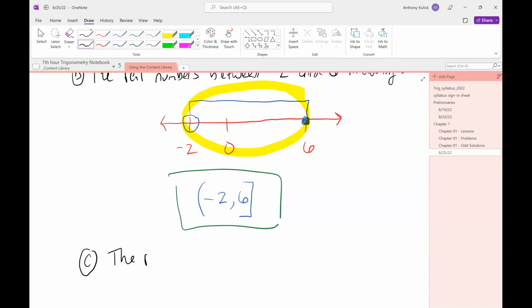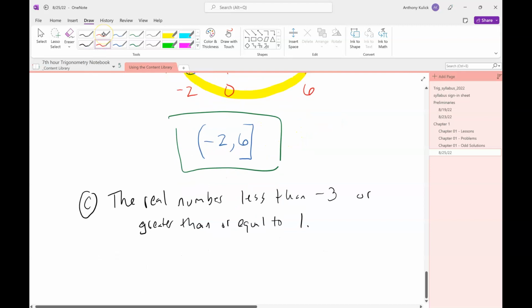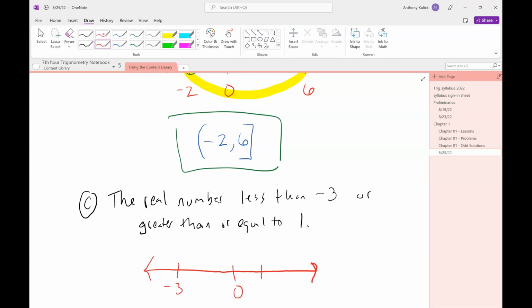All right. Let's say the real numbers less than -3 or greater than or equal to 1. So I'll go ahead and draw my number line, put in the numbers that I care about.